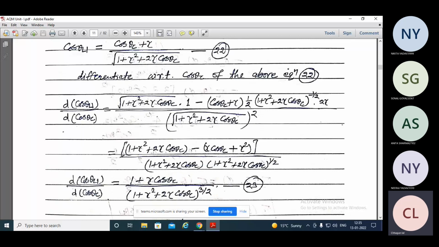So that's why here we have only 1 plus gamma square plus twice gamma cos theta because half and 2.